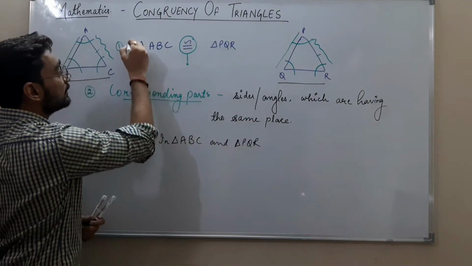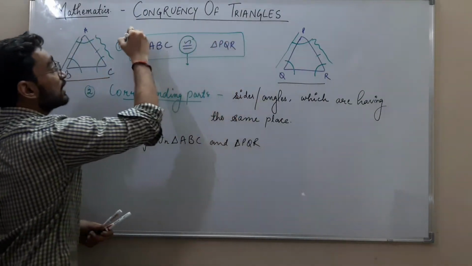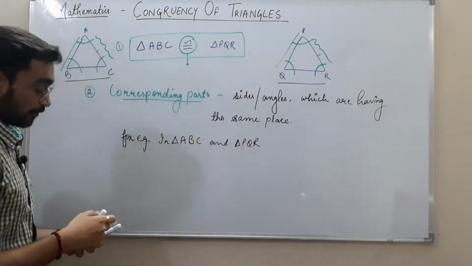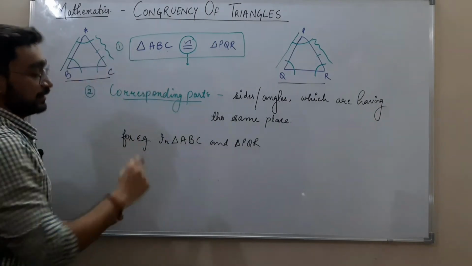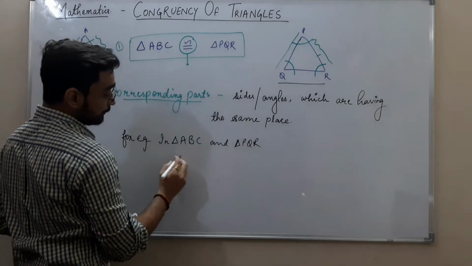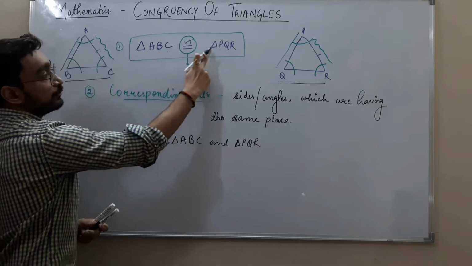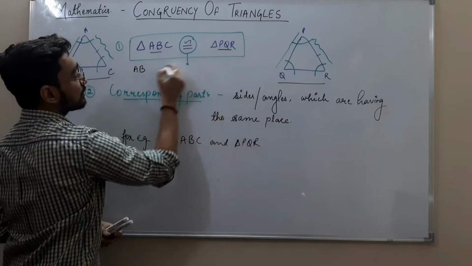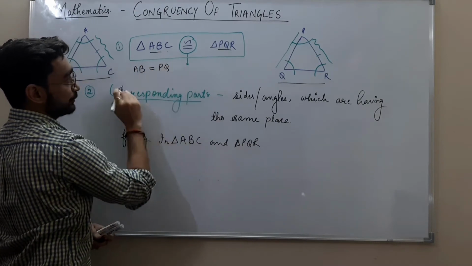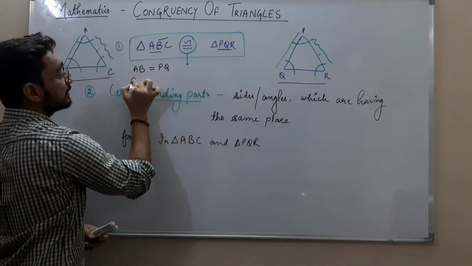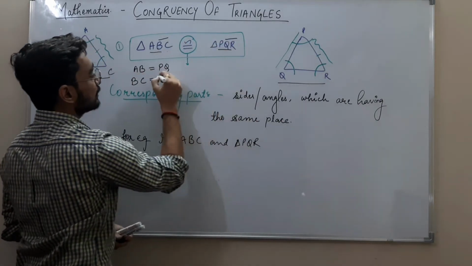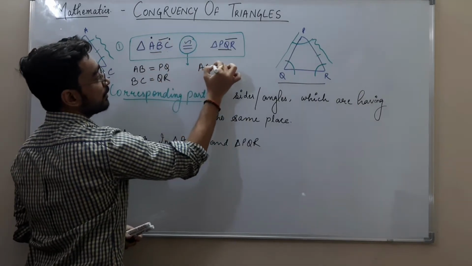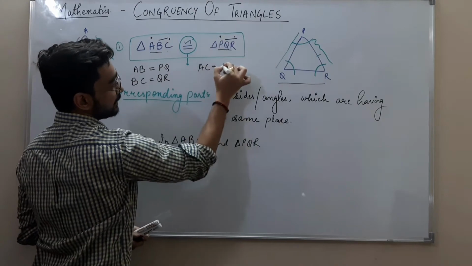And whenever we are writing the name itself, from the name we can also identify which are the corresponding angles or which are the corresponding sides. Because if we write triangle ABC is congruent to triangle PQR, we can say that side AB will be equal to side PQ. Side BC will be equal to side QR. Side AC will be equal to side PR.